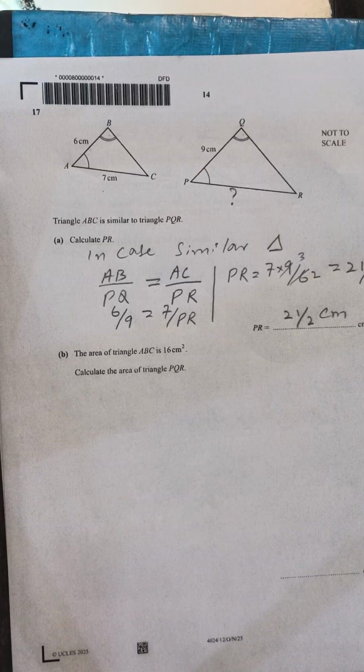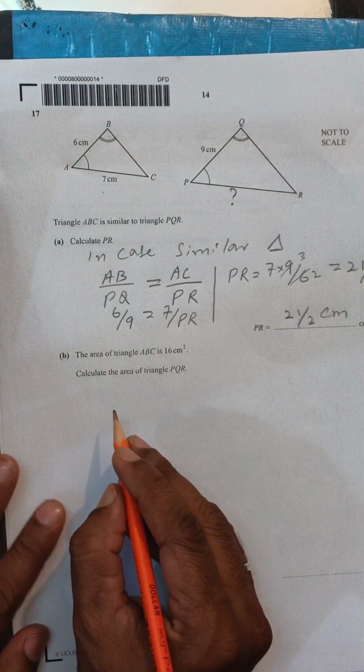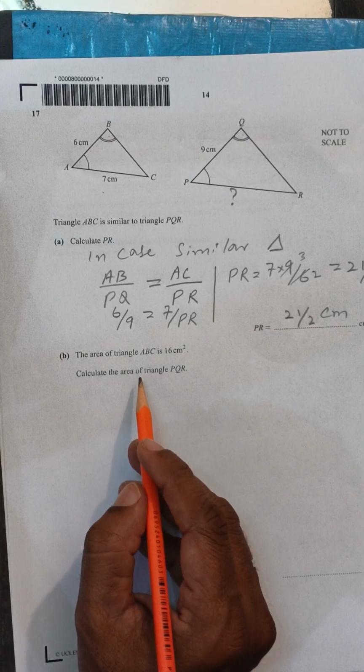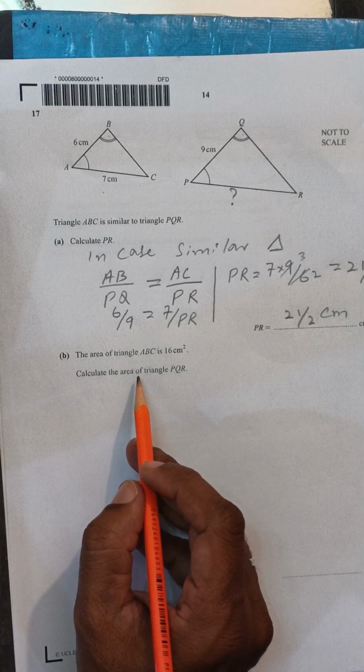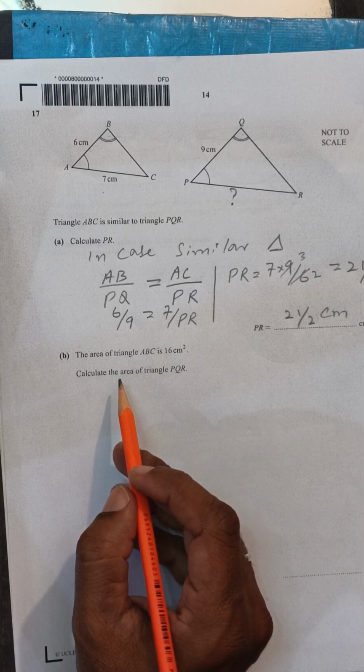Calculate the area of triangle PQR. So you need to find the area of triangle PQR. The area of triangle ABC is 16. There is a formula again to find the area.